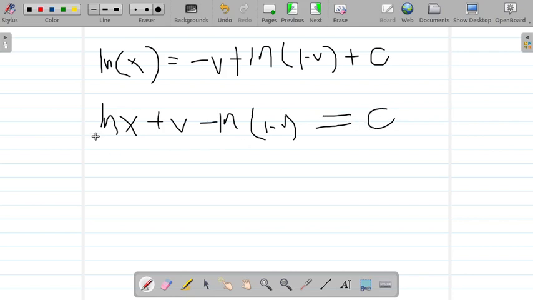Then by this, to eliminate ln, we can multiply this.